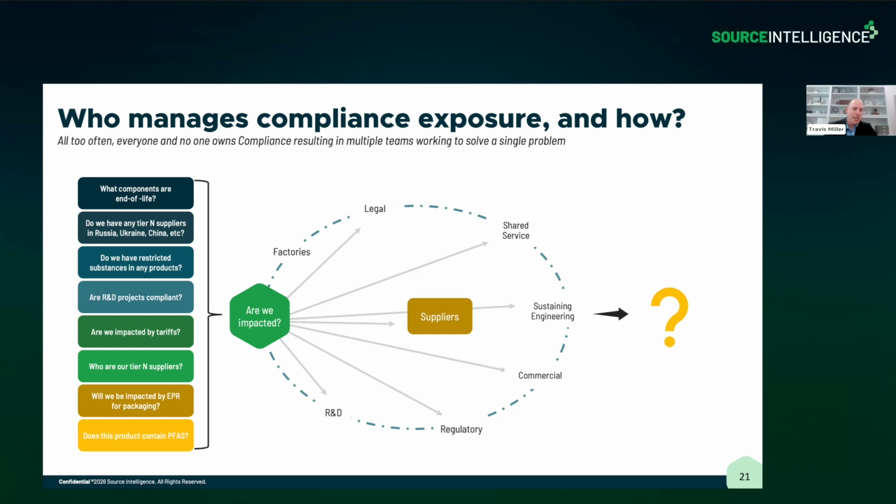There's going to be a trade team that's interested to know if there's impacts from tariffs and what those costs might look or feel like. And then somebody's going to be concerned with the nth tier supply chain and if all those materials and components are coming from ethical actors. Someone's going to want to know if any of those nth tier supplied parts are going to be impacted by tariffs.